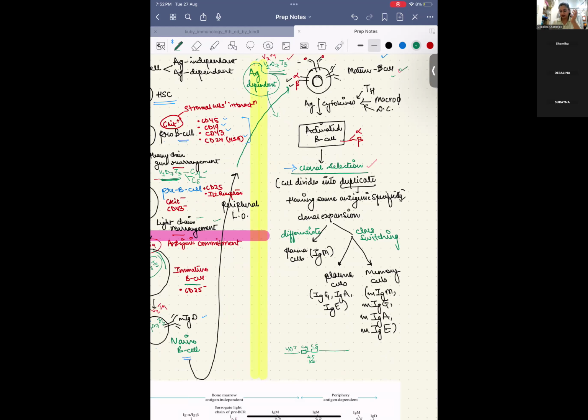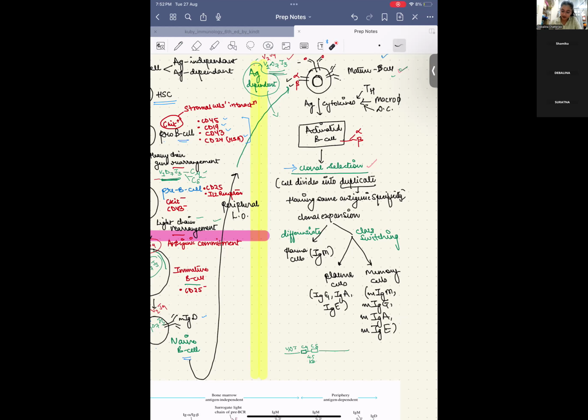For now, just remember that how are all these types of antibodies different from each other? The only difference lies in their constant region. The constant region actually determines which effector function, either opsonization or complement activation, comes into play.